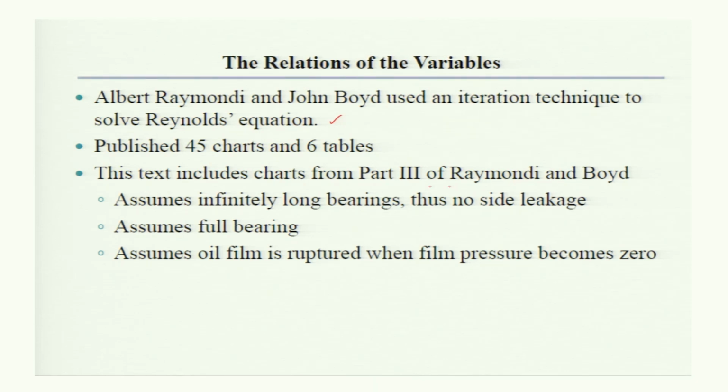Part 3 of the charts is included in this lecture. It assumes infinitely long bearings, thus no side leakage, assumes a full bearing, and assumes the oil film is ruptured when film pressure becomes 0.